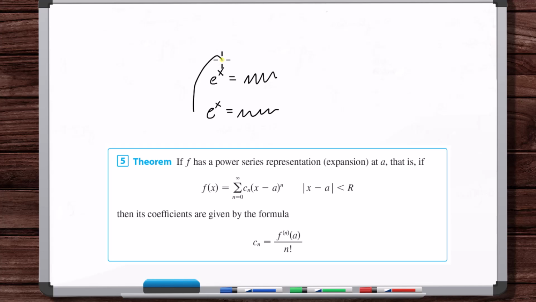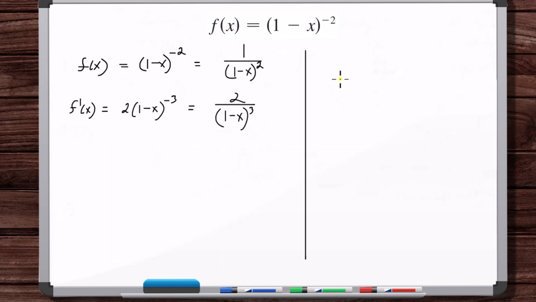The e to the x doesn't change. The function doesn't change if you're changing the center point. It's still just the function is equal to the power series. The center point comes into play where each of the terms has the x minus the center point to the n power. And it does show up with the derivative of the function, but we're just going to be plugging the center point into each of the derivatives.